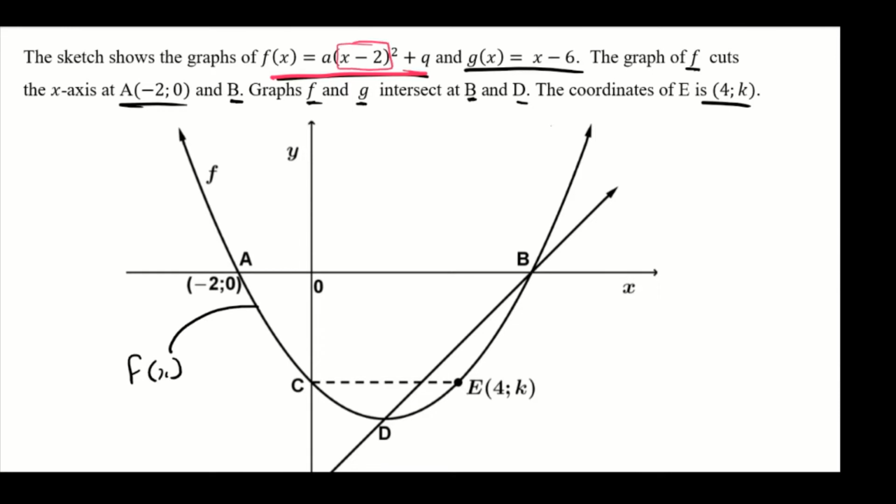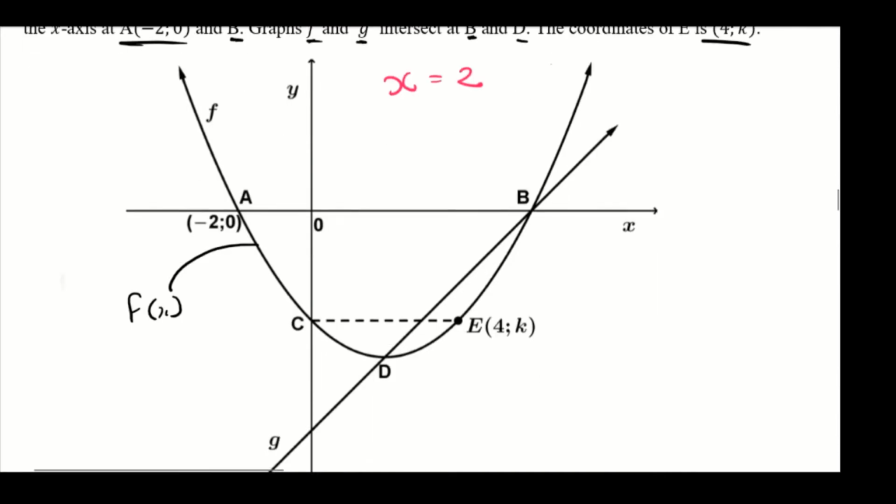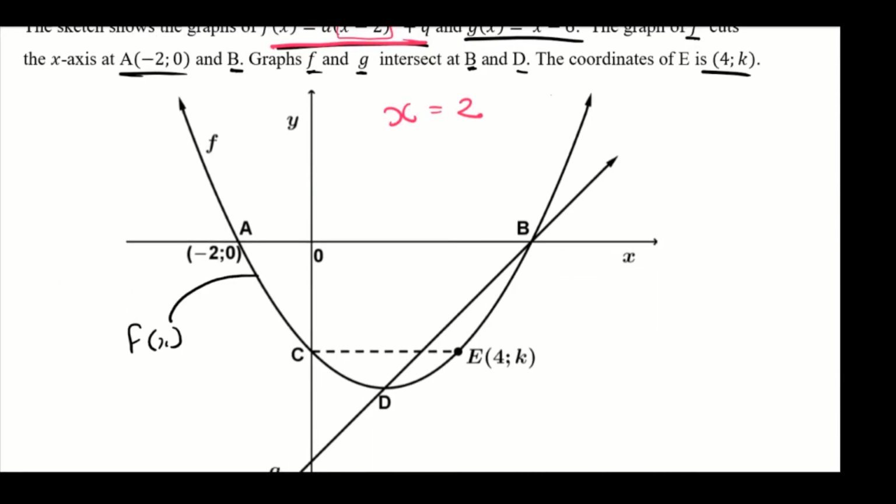So the x value of the turning point is equal to 2, right? And we want to find the coordinates of D, right? So what we know is that this is D and the x coordinate is 2, and we don't know the coordinate of y, right? But we know that x is equal to 2, it's this line here, right?